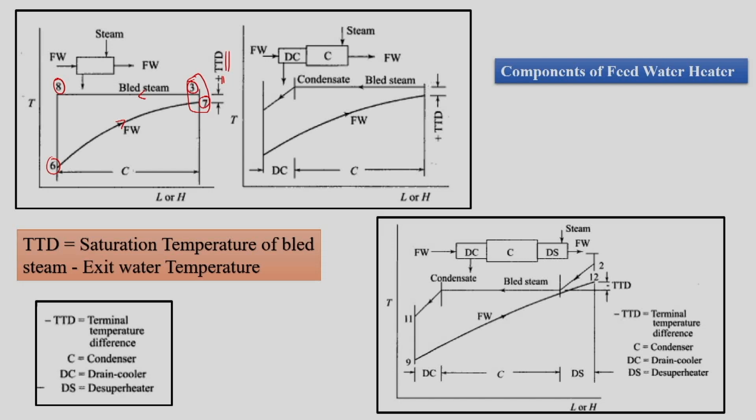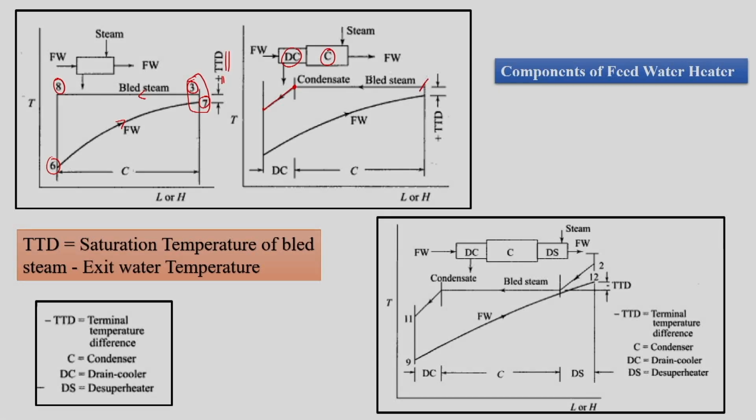But if we go to some intermediate pressure level, then we might not just have condensation of steam, but we would have drain cooling also. The water would reach the saturation liquid state, but further it has still higher temperature, so it gets cooled while losing the enthalpy to the feed water heater.